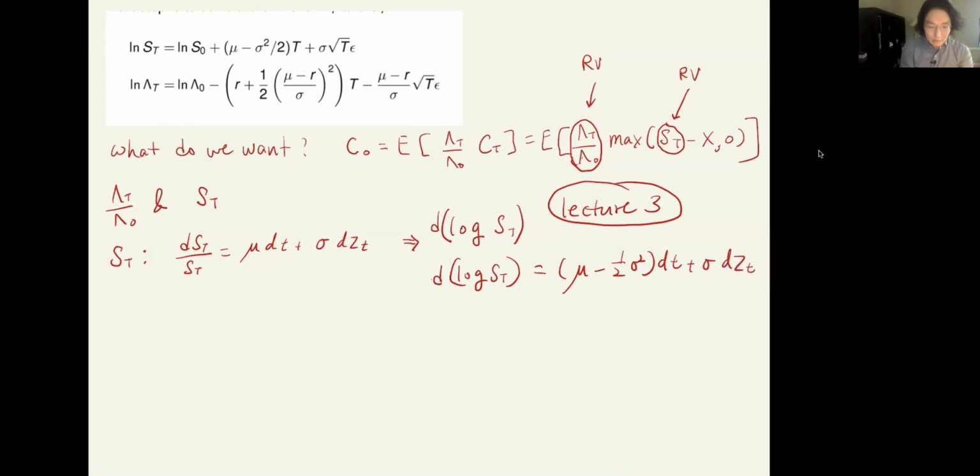Therefore, log of ST equals log of S0 plus, you can just integrate both sides from 0 to capital T. And this is what you get.